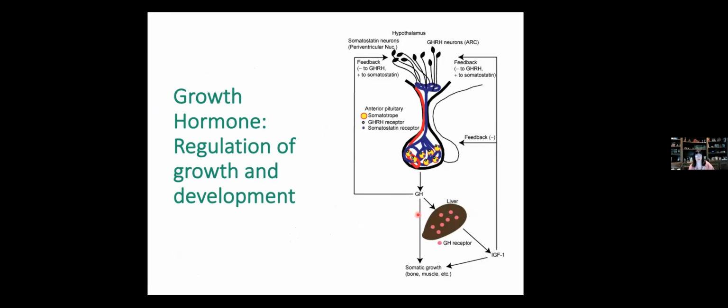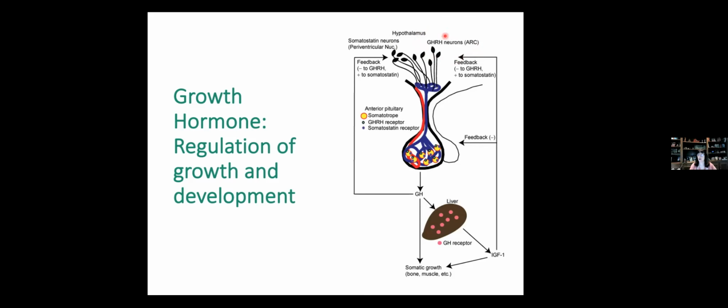Now let's move to growth hormone. Growth hormone is basically important in regulation of growth and development, but it also optimizes body composition after we've grown. So it's important throughout our entire life. And it is stimulated up in the hypothalamus by a group of neurons in the arcuate nucleus.